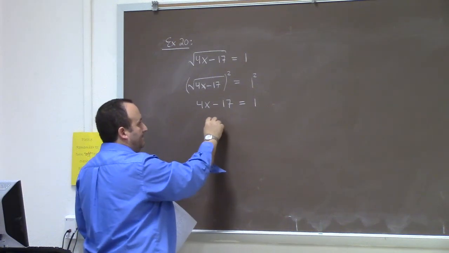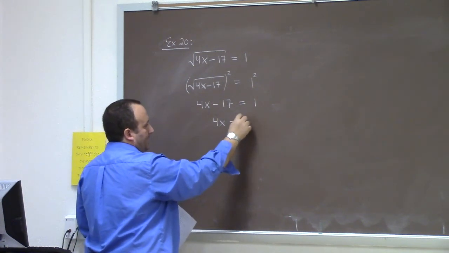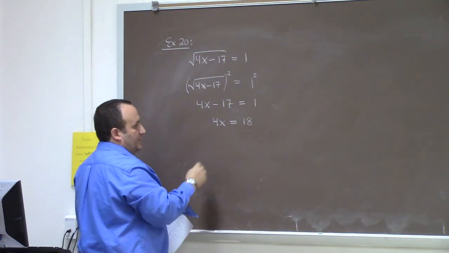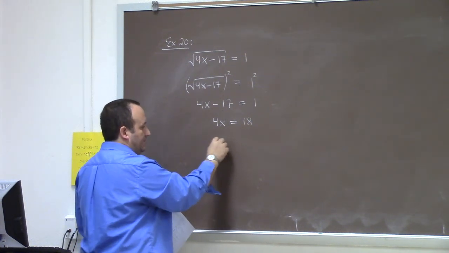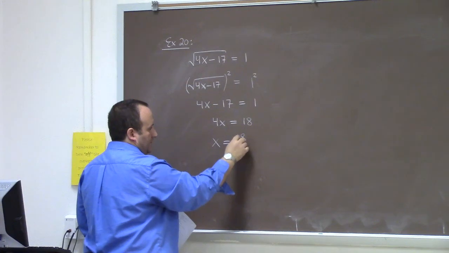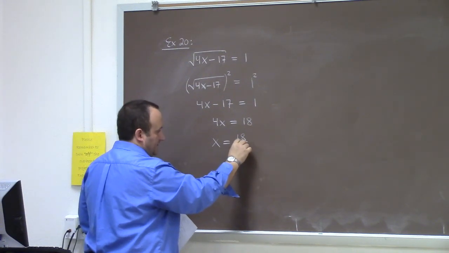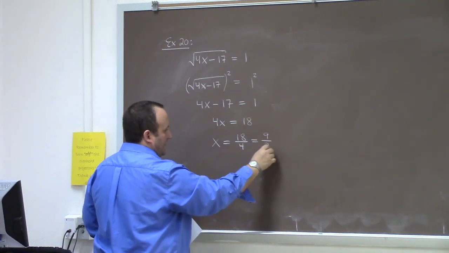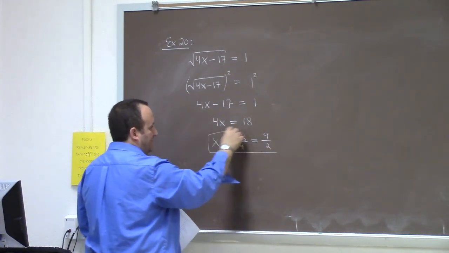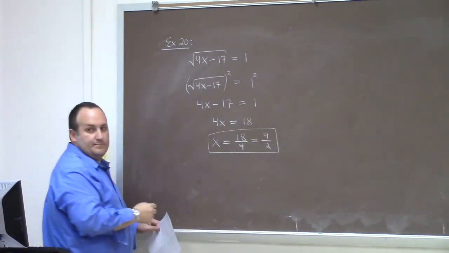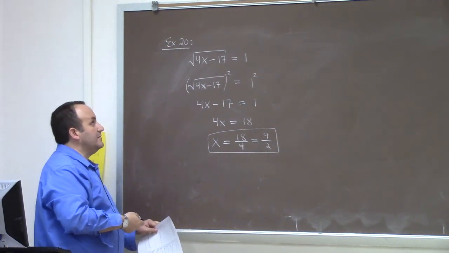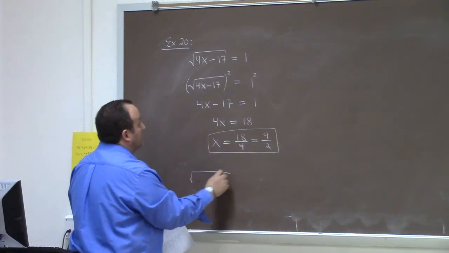So 4x equals 18, right? And yeah, 18 over 4, right? Sure. And again, I would still count that if you put 18 over 4 as the answer. And then we can check our answer here. Does it work?